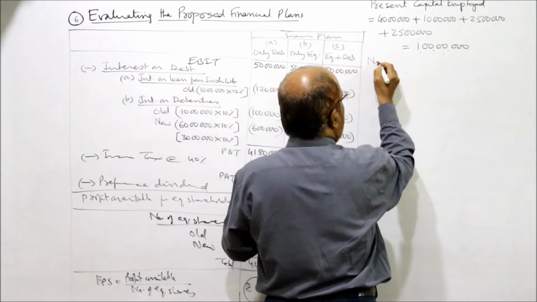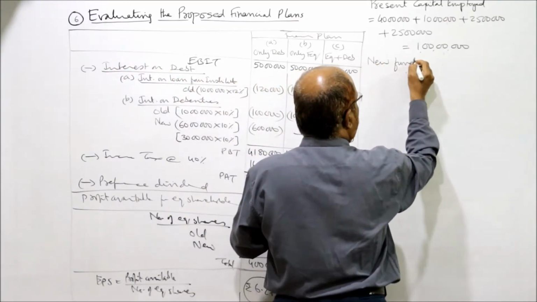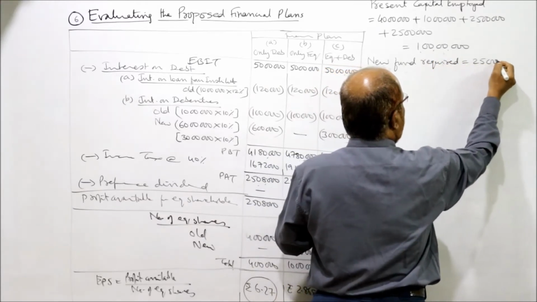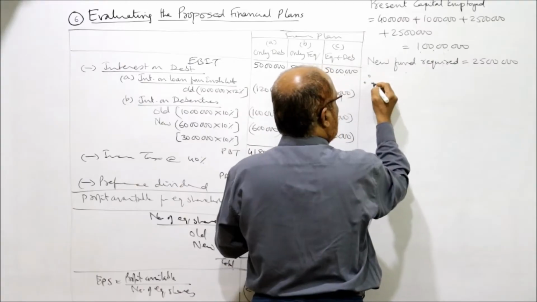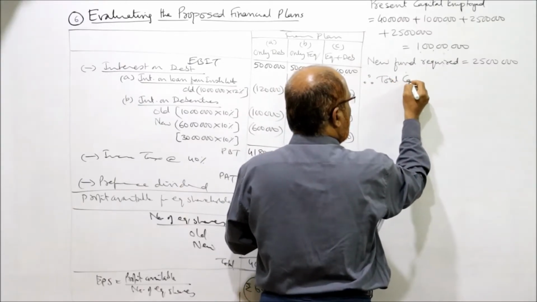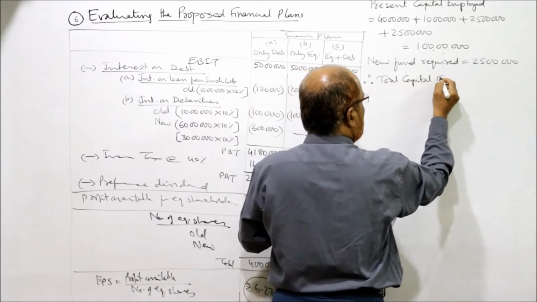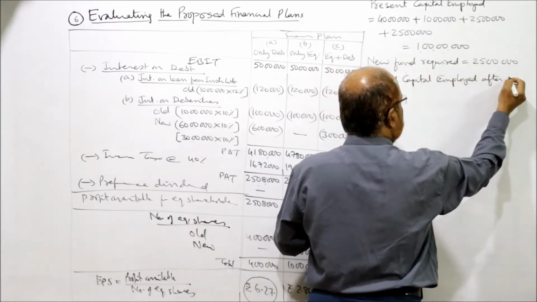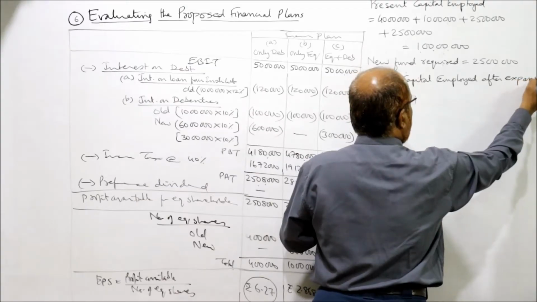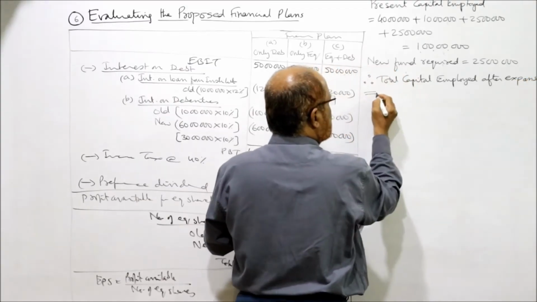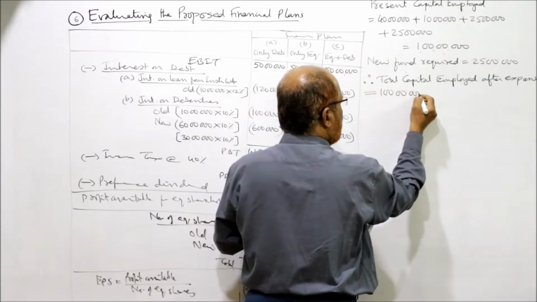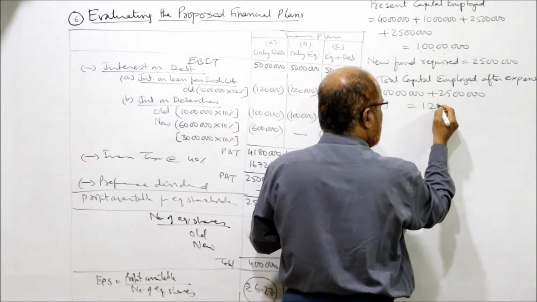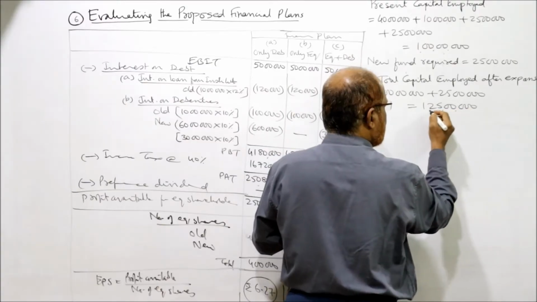New capital required, new fund required, is equal to 25 lakhs. Therefore, total capital employed after expansion is equal to 1 crore plus 25 lakh, which is 1 crore 25 lakhs.